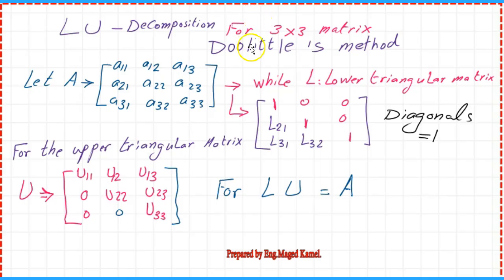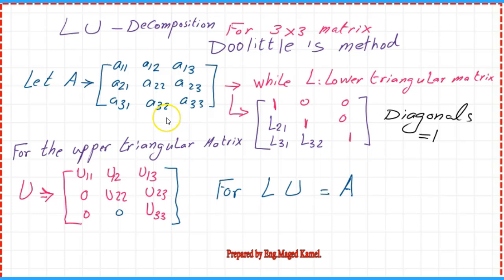We have Doolittle's method. Let us consider the A matrix, which is A11, A12, A13 for the first row, A21, A22, A23, and for the last, third row, A31, A32, and A33.